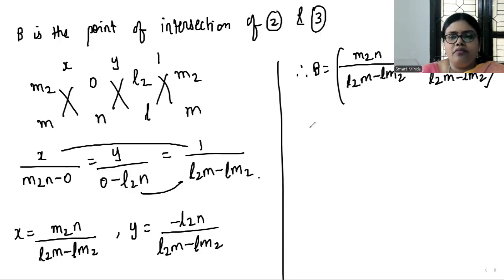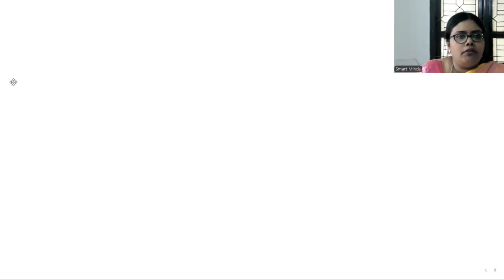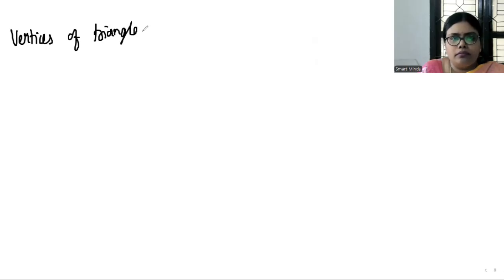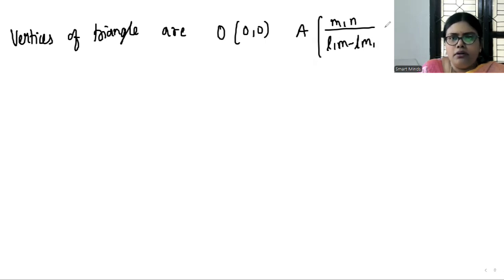Okay. Now we need to find the area of the triangle. So first let me write the vertices. What vertices did we get? Vertices of the triangle are O (0, 0), A (M1N by L1M minus LM1, comma, minus L1N by L1M minus LM1).